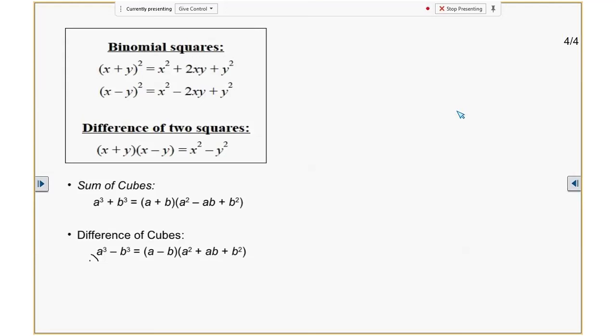Now, the most well-known gripe about the shortcuts is, oh, I can do the FOIL method just as fast. No, you can't. Not when you learn how to do these. You can do the shortcuts in 1/5 of the time that it takes you to do the reverse FOIL or the FOIL method. But students don't want to learn them, so they don't learn them. And if they don't learn them, it takes them twice as long versus the FOIL method.